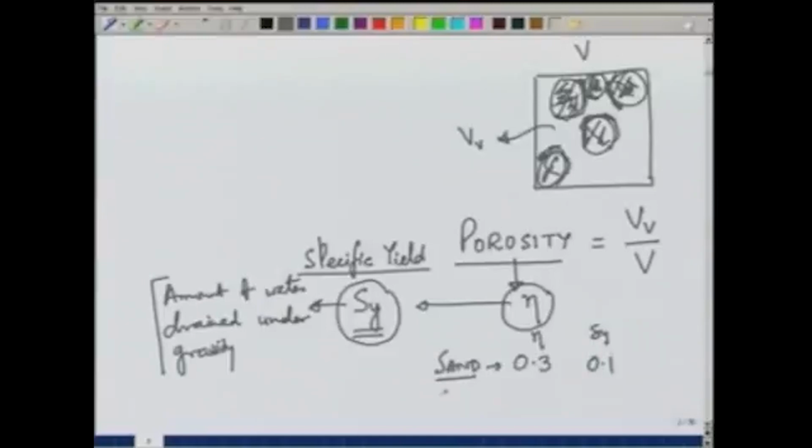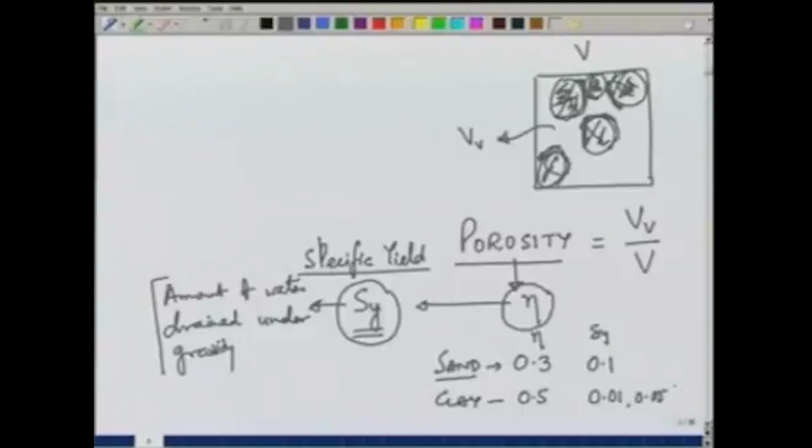while clay can have a high porosity, sometimes it may be as high as 0.5, 0.6 or even higher, but the specific yield is typically small. So, it may be 1% or 0.05, 5%.